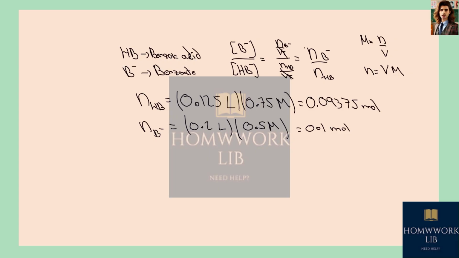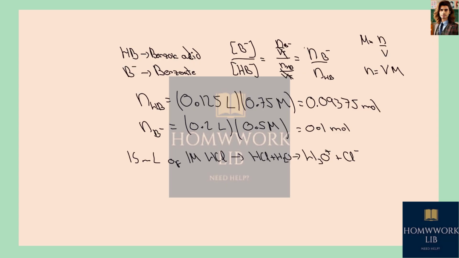Great. So we have these two amounts of mole. Next up, they add 15 milliliters of a 1 molar solution of HCl. Remember that HCl in water is going to produce H3O plus and Cl minus.